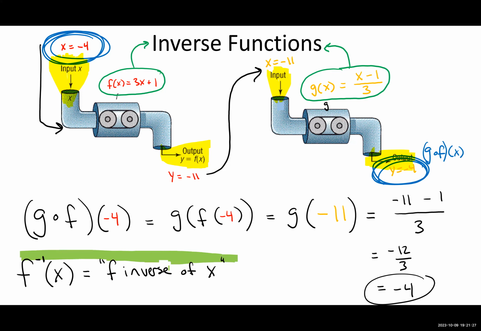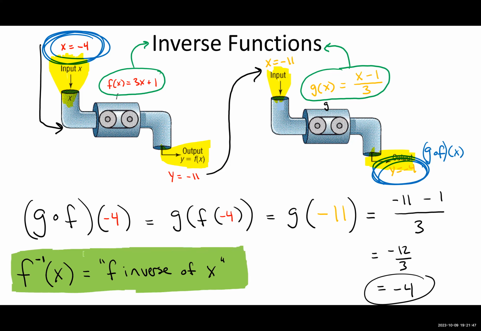So this is new notation here. This f negative 1, that's not an exponent. That is not f to the negative 1 power. It's not a reciprocal. It's a label, and that label means inverse. A little negative 1 on the name of a function is the inverse of that function.